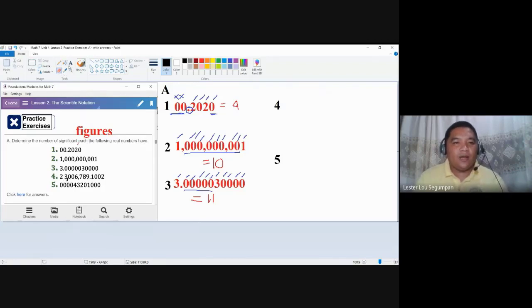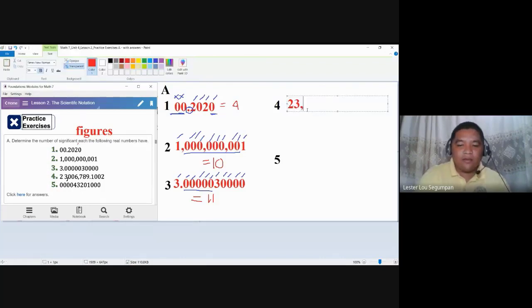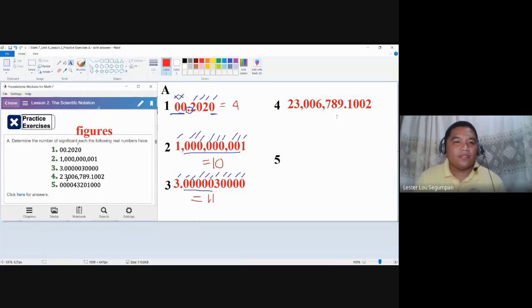So our given is actually 23,006,789.1. How do you read that? In elementary years you were already taught how to read that. This is tens, hundreds, thousands, ten thousands. You have one.